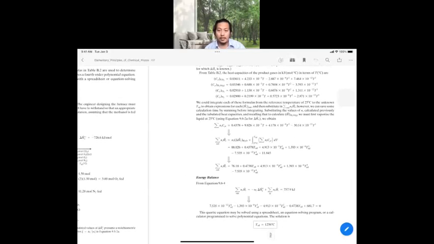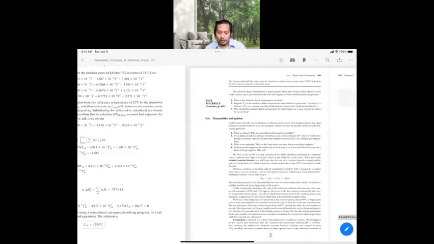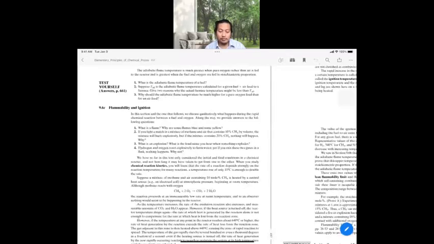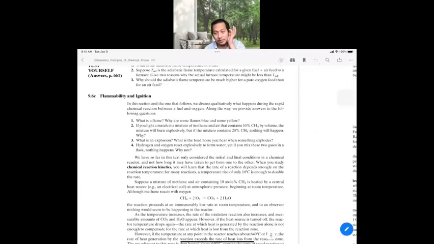And because it's adiabatic, the heat that is transferred is zero, which means that you are able to find the temperature. And aside from that, there are some terms that you are going to see.